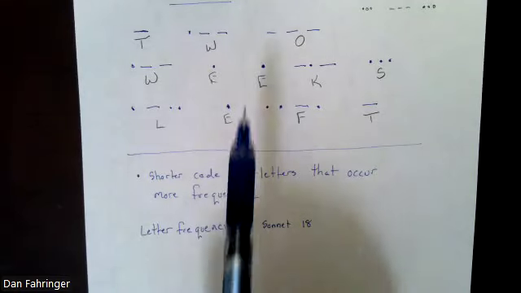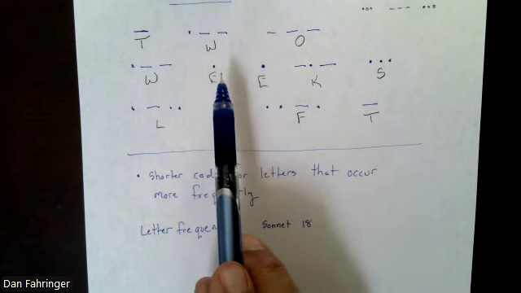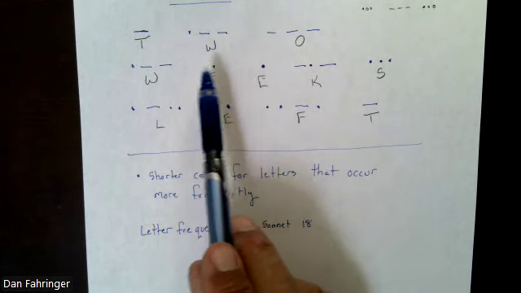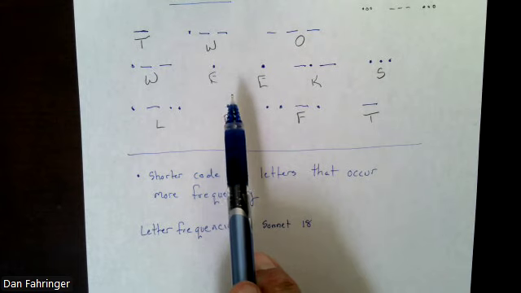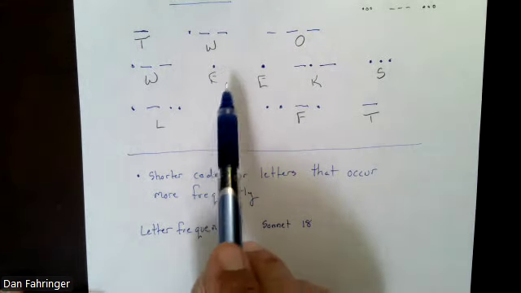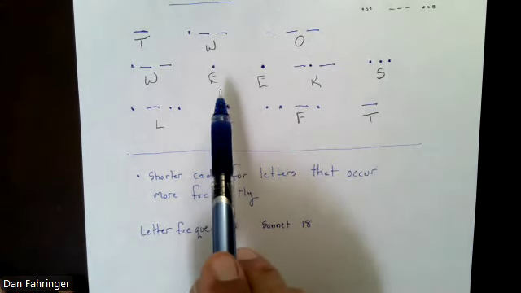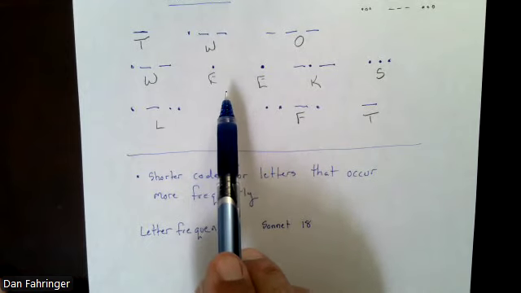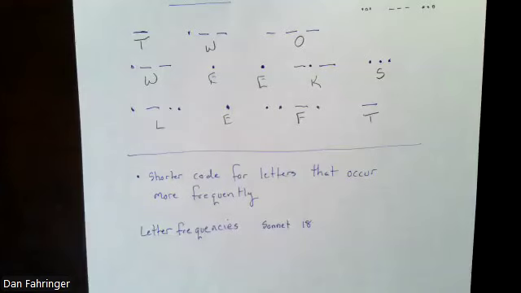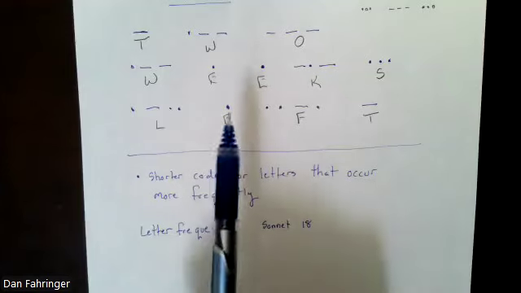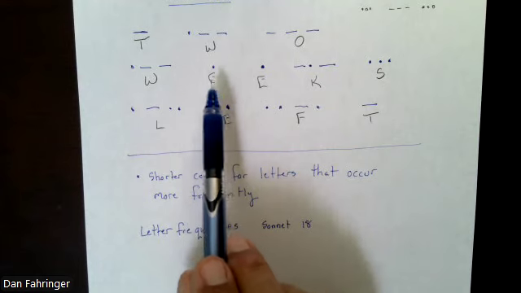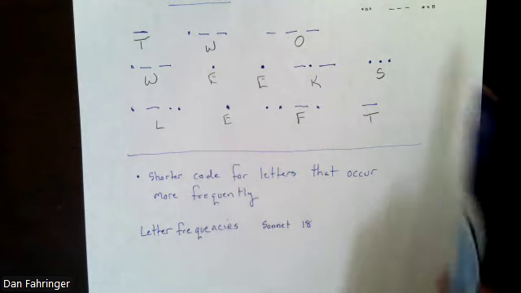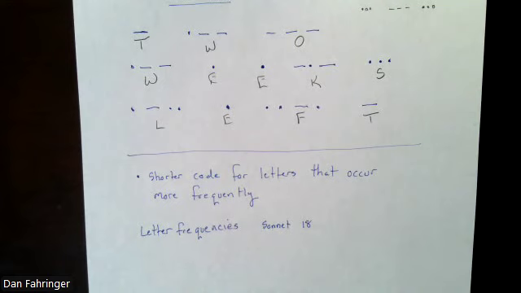Guess what one of the most popular letters is going to be? E. And why is that? Well, I'd like the more popular letters that are going to be used the most to have less dots and dashes. Because I don't want E to be 5 characters because I'd be typing all the time.